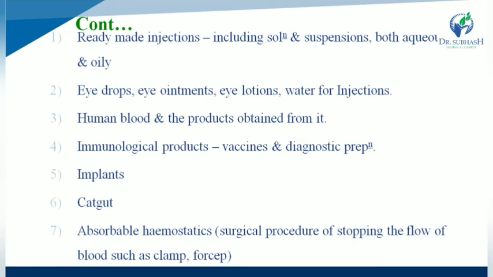All are sterile solutions and the sterility test is performed on all these products. Next is human blood and products obtained from human blood. Next, immunological products like vaccines and diagnostic preparations, implants, catgut, and absorbable hemostatics. All are examples of sterile products.